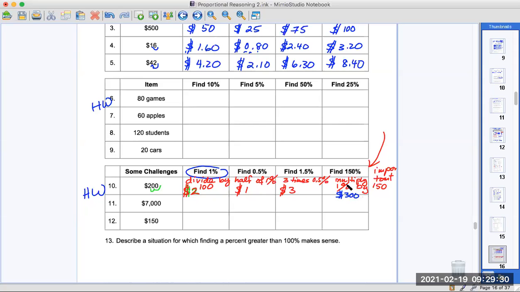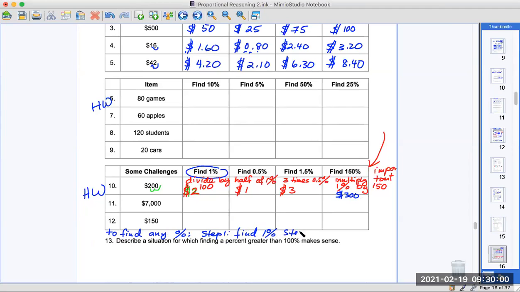Okay, so remember, to find any percent, let me write that down here. Oh, it's asking you something. I'm going to squeeze it in here. To find any percent, so I'll call it step 1. Find 1%. Remember to divide by 100.